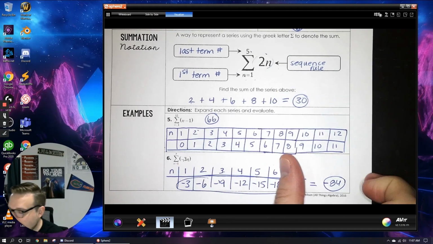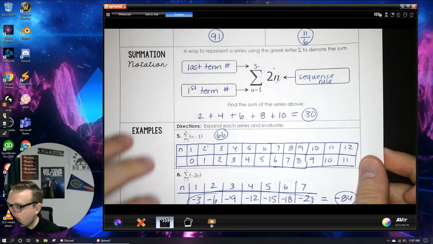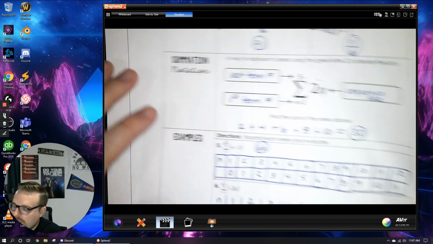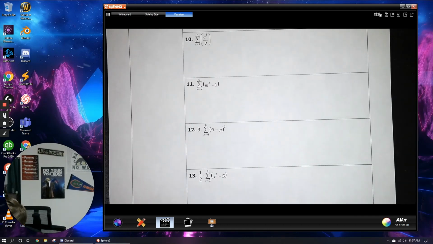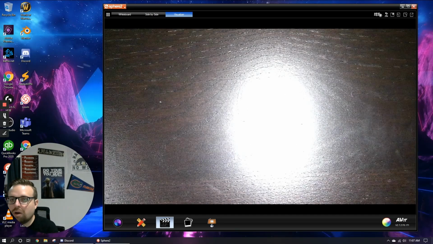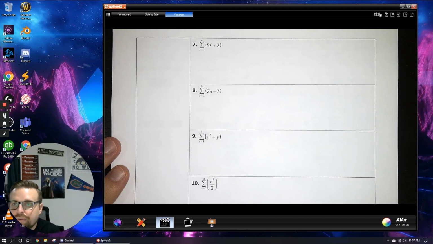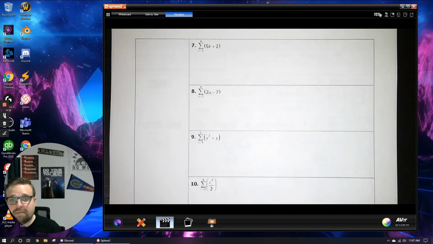So that's basically all there is to it. Let me just flip real quick to my next page and see what other types of problems we have. Yeah, they're all plugins basically. Some of them look like they might be slightly more complicated than others. But really, the new information that you just got about how to understand what a series is in Sigma notation and how to do one of those problems, that is the new information.